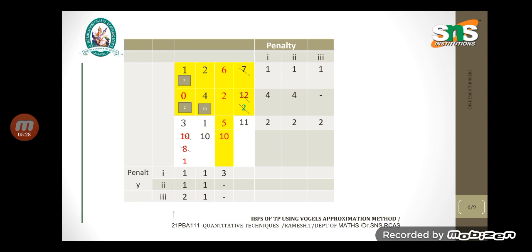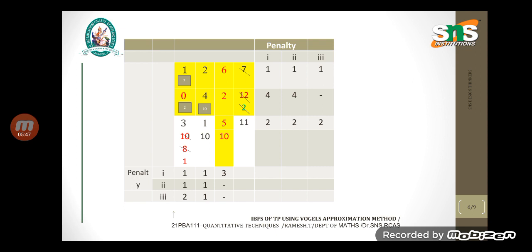Then the third penalty. In the first row, the difference of the costs is 1. In the second row, it is already completely eliminated, so it is a dash. The third row is 1, 3, so the penalty is 2.